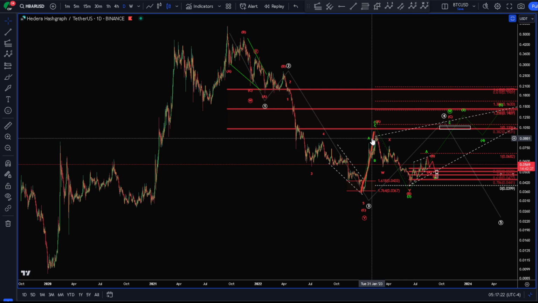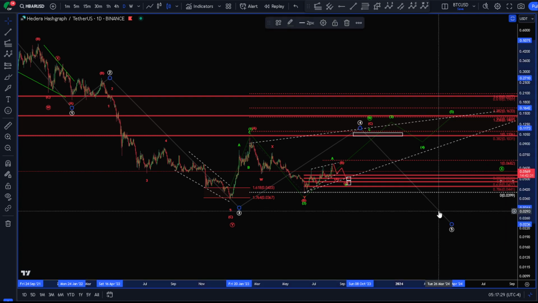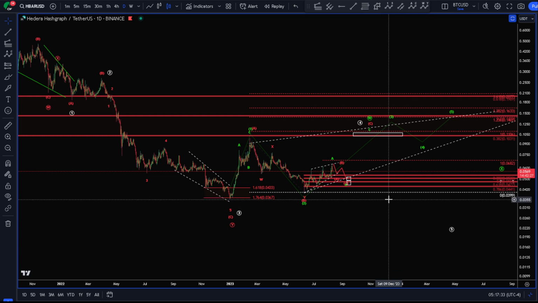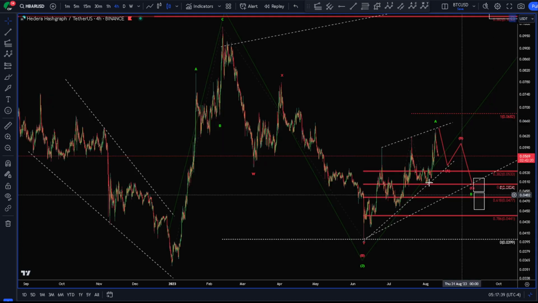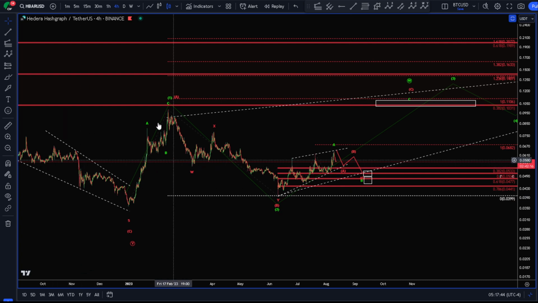But even though we have all these options, there's still a lot of trade options available. So let's just leave that C wave in the expanded flat as one of our options, and let's zoom into what we have off the low. I have seen some people count this as a 5 wave.